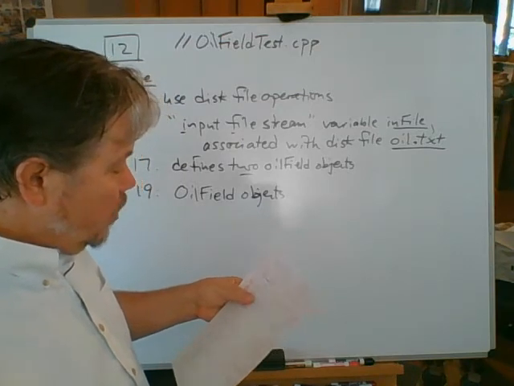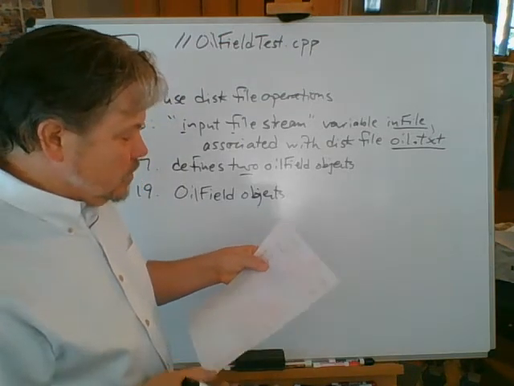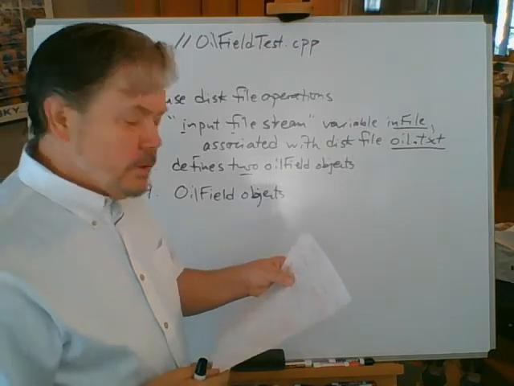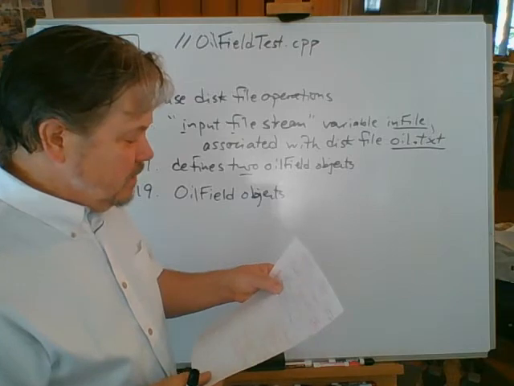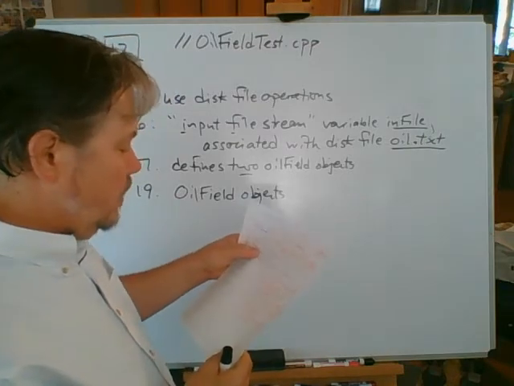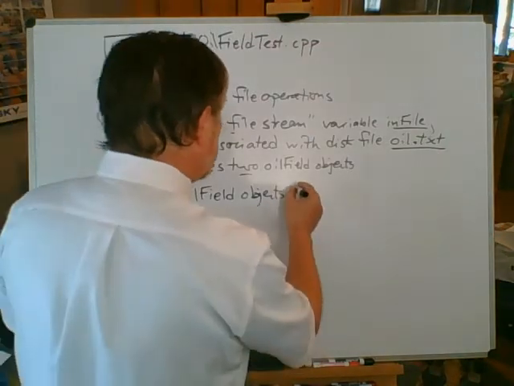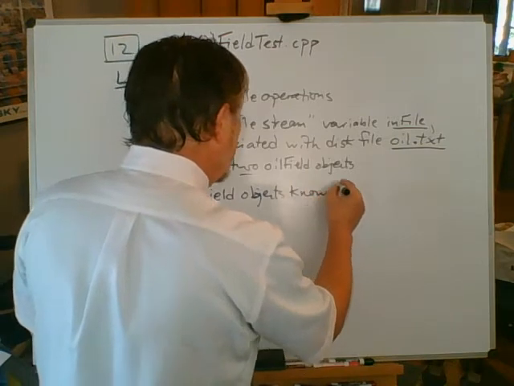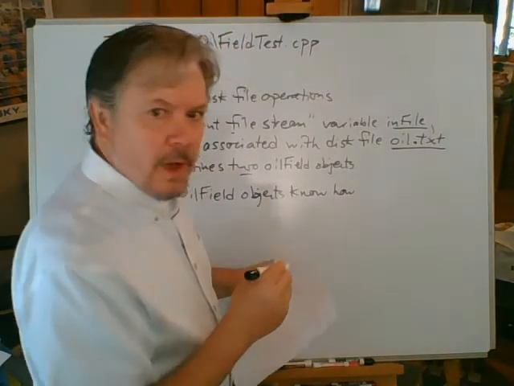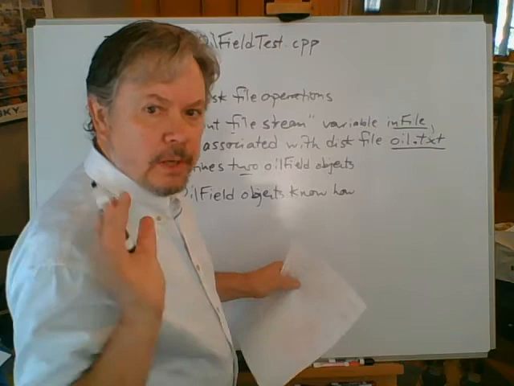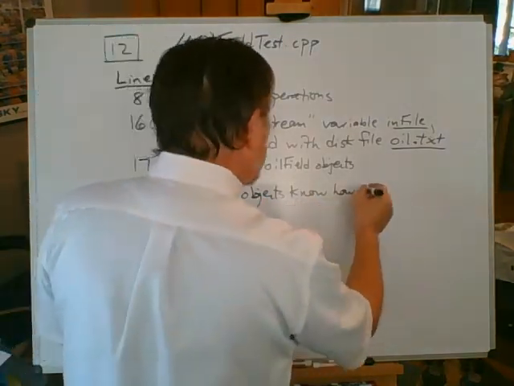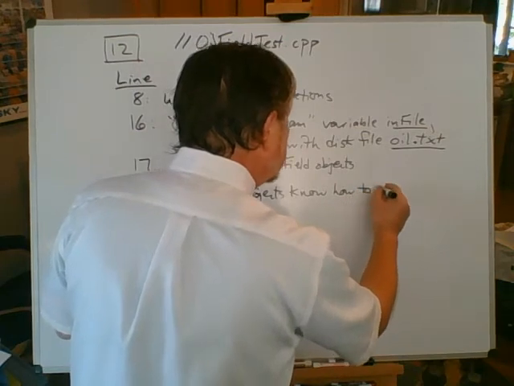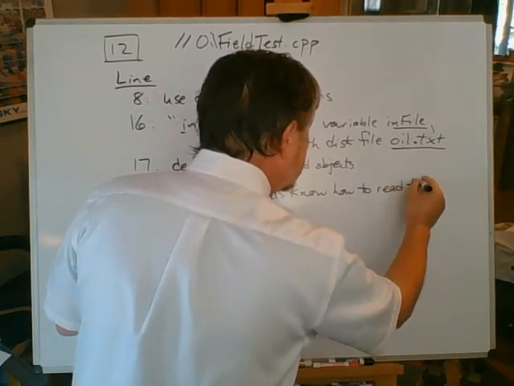But apparently, oil field, a variable, notice the lowercase o. Lowercase o means this is not the data type. This is that specific object that was set up on line 17. Dot read in file. Oil field objects know how to read themselves from a file. How handy. Bury as much of that technical complication down in the class as you can.